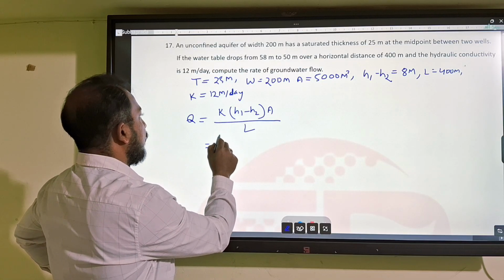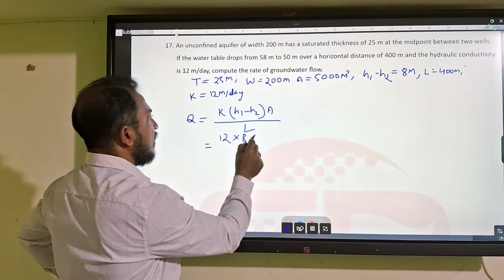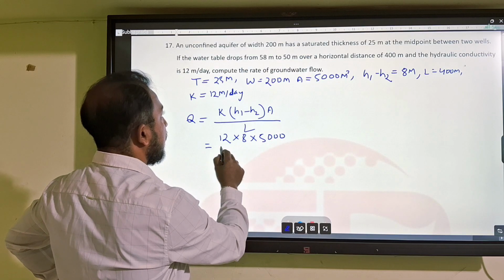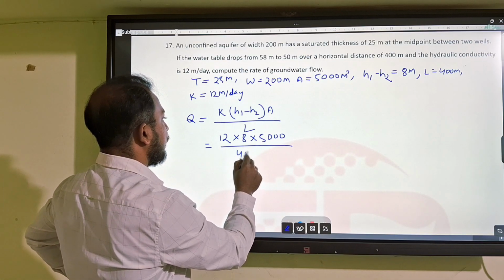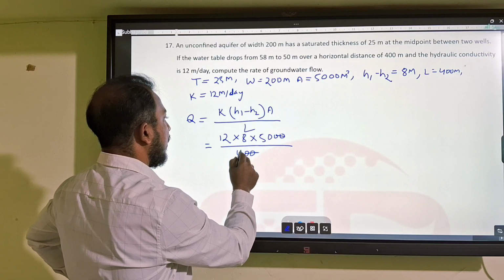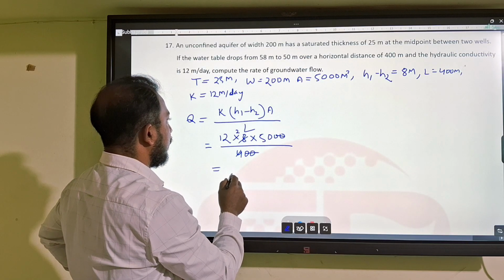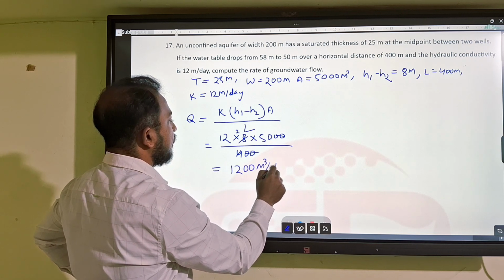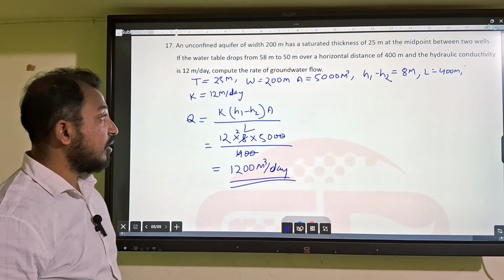So K is given 12 into H1 minus H2, it will be 8 into A, we have calculated, this is 5000 divided by L, it is 400. This is also 1200 meter cube per day.